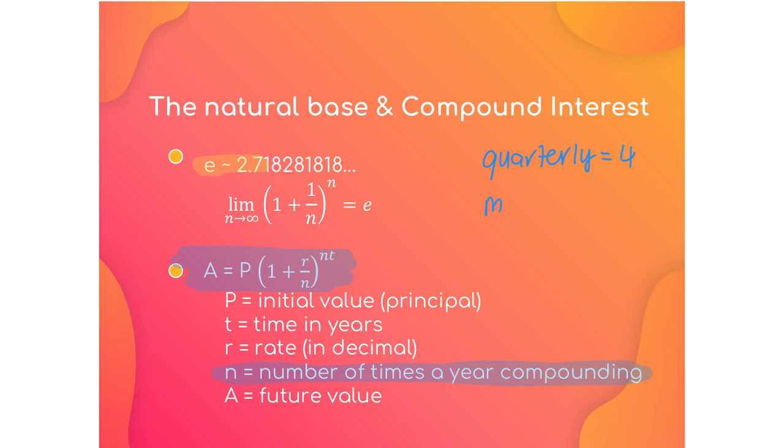If I have monthly, I have 12, and so on. Daily, 365. If they ask for weekly, 52 weeks. Just some numbers that we should know.